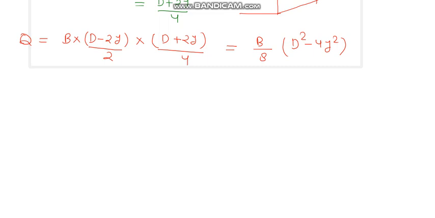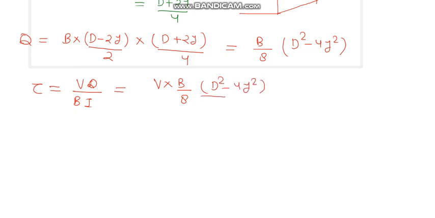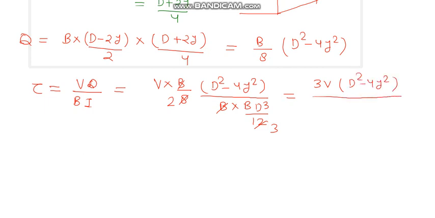Now what is the value of I? I we know already, BD cube by 12. So we can write in this equation tau equals V into B by 8 into (D square minus 4y square) divided by B into BD cube by 12, or it can be written as, the B cancels out, 3V (D square minus 4y square) divided by 2B D cube.